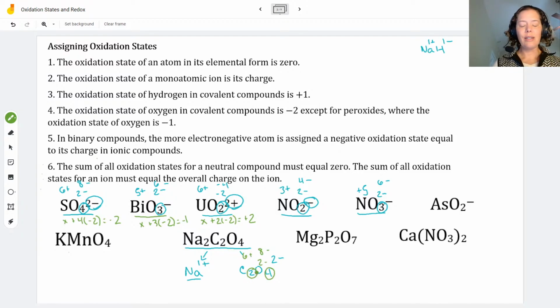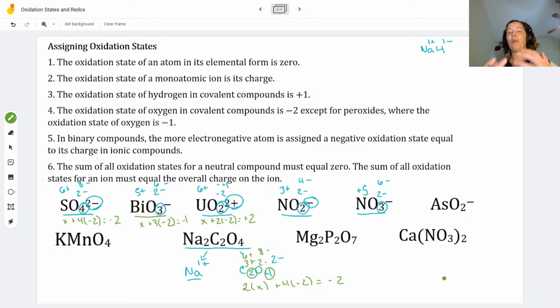This is oxalate, not dichromate, is 3+, although it doesn't really affect my math here. So the carbon, I have 2 of them. I don't know what it is. +4 times the oxygen gives me a -2 charge or -2 oxidation state. So that is how I handle larger compounds that have polyatomic ions.